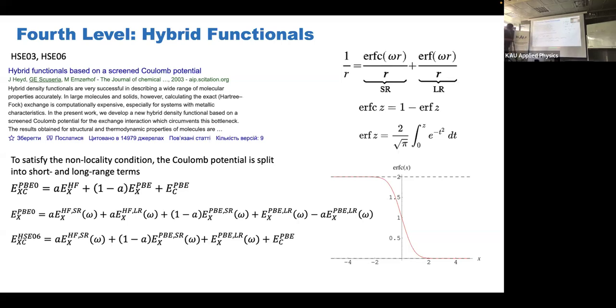Here are some popular hybrid functionals, and we see that HSE06, for the short range exchange energy, uses Hartree-Fock and PBE. Then for long range, it uses only PBE, not Hartree-Fock.